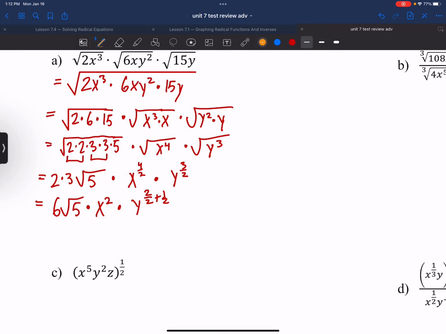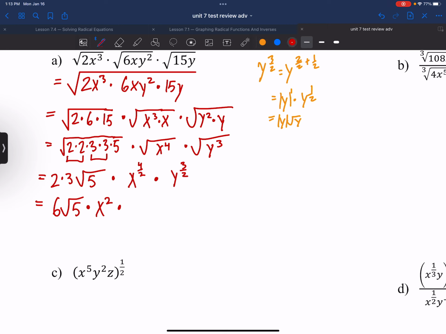I don't want to take up too much space here doing that. Look, here's what I'll do. y to the 3 halves equals y to the 2 halves plus 1 half, which equals y to the 1 times y to the half, which equals y square root y. Although, do be careful here, because y to the 2 over 2 is taking the square root, so you've got to put your absolute values here.